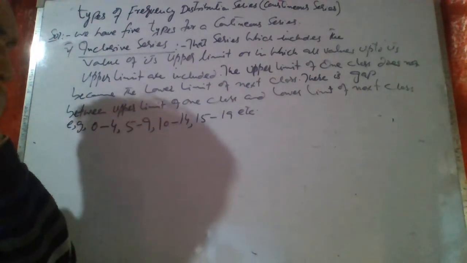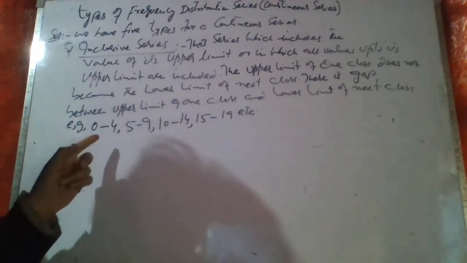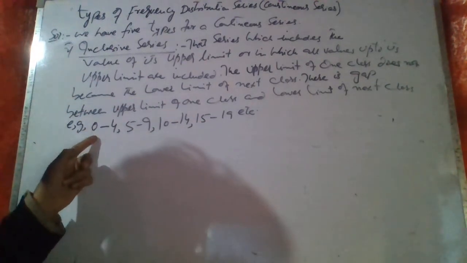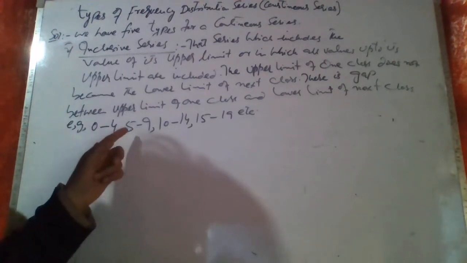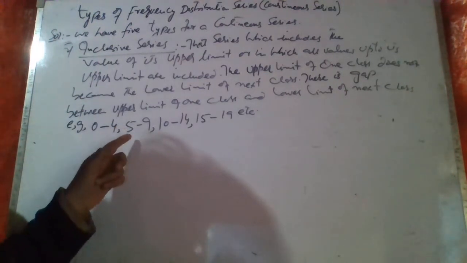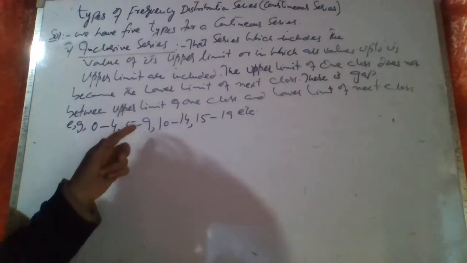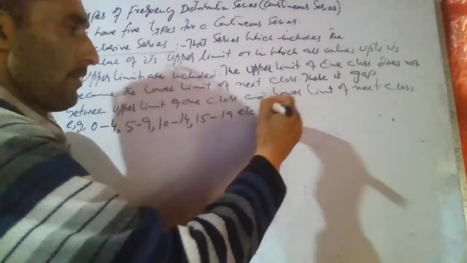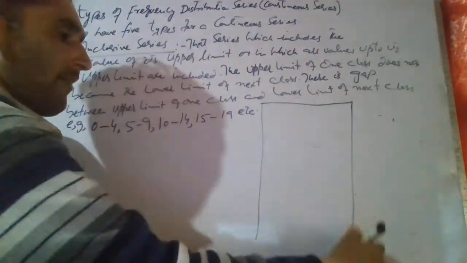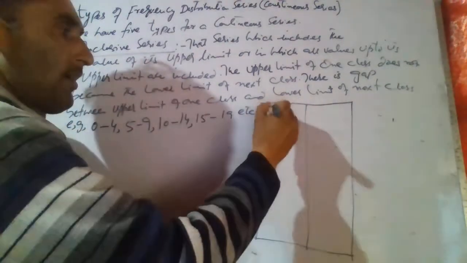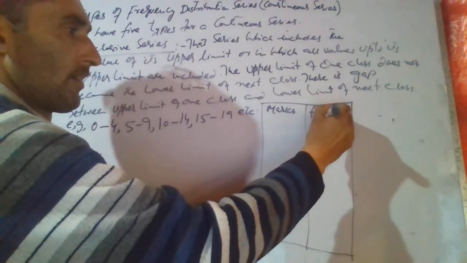Thus, it shows that all items from 0 to 4 are included in this class, and all values from 5 to 9 are included in this class. We can make a series like this. For example, this is marks and this is frequency.